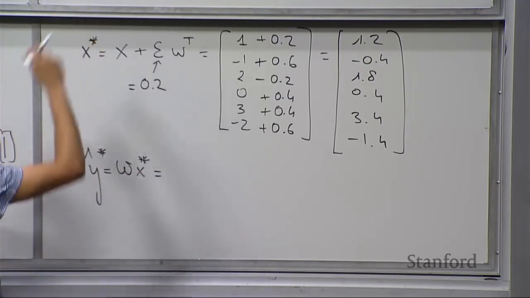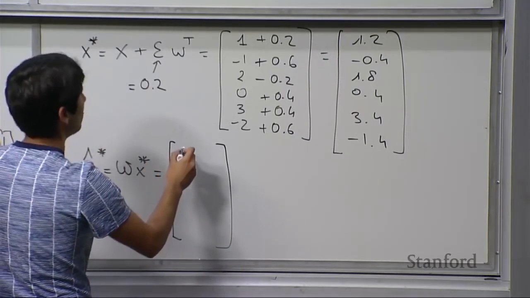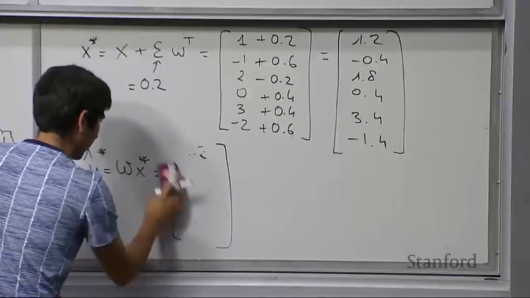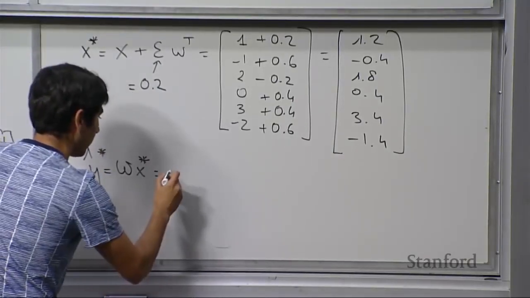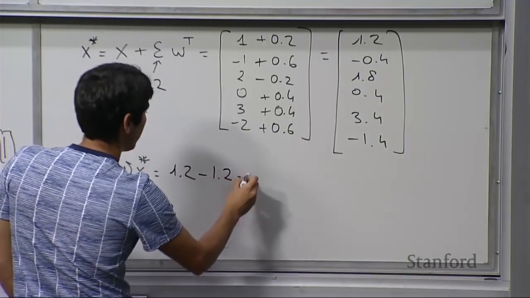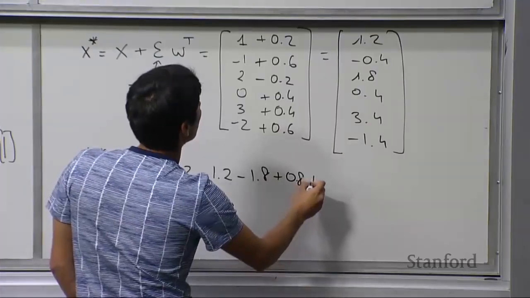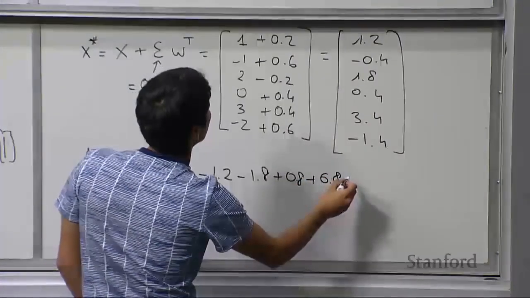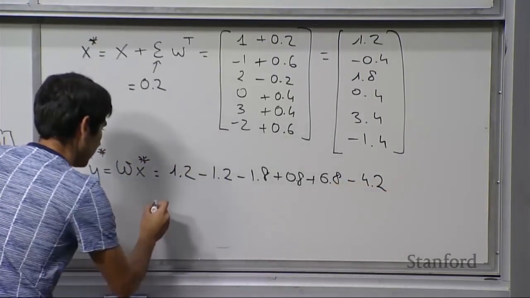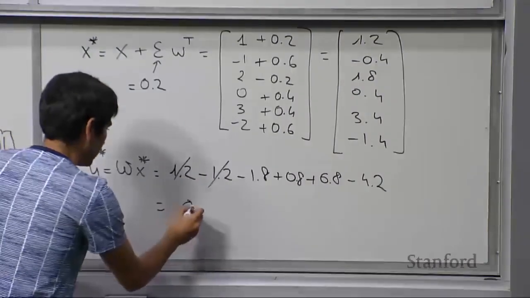So what we get when we multiply W by x star is 1.2 minus 1.2 minus 1.8 plus 0.8 plus 6.8 and minus 4.2, which I believe is going to give us 0.5.